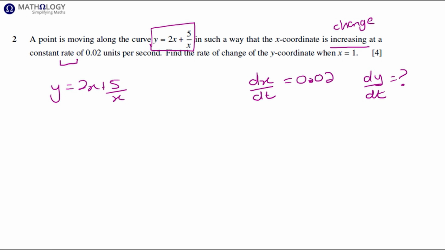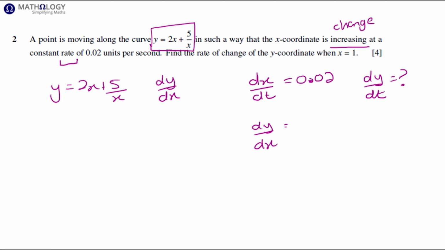So from this curve we can find another differential. This differential will be dy/dx, and then we're going to relate these three differentials to each other. So let's first find an expression for dy/dx in terms of dx/dt and dy/dt.